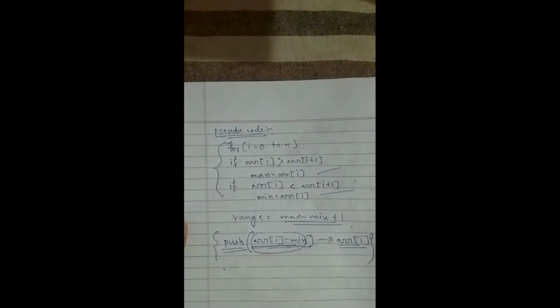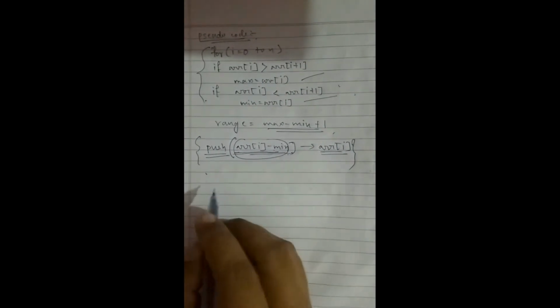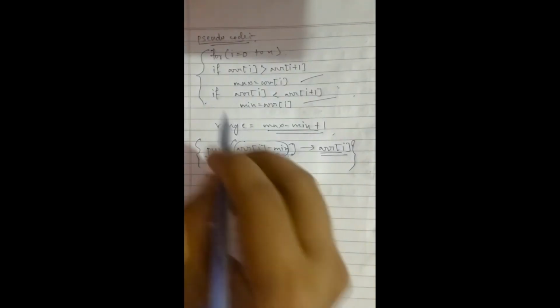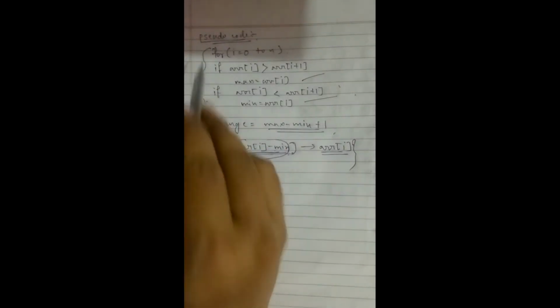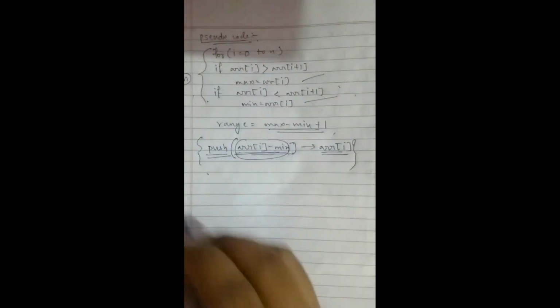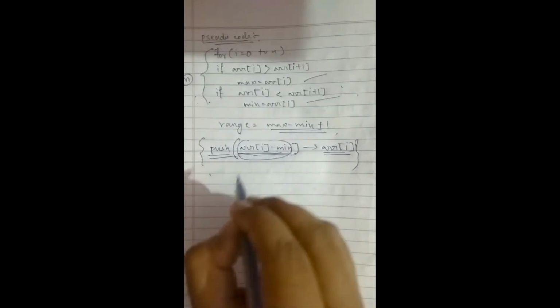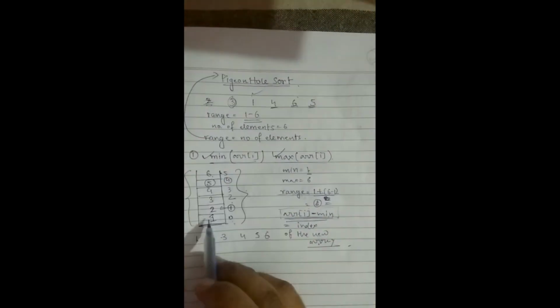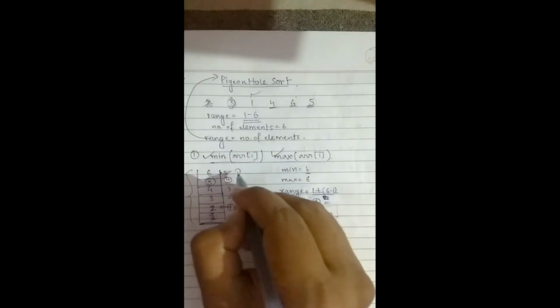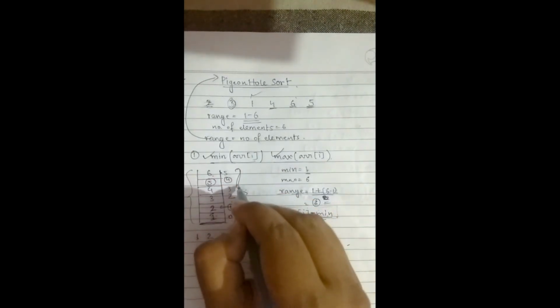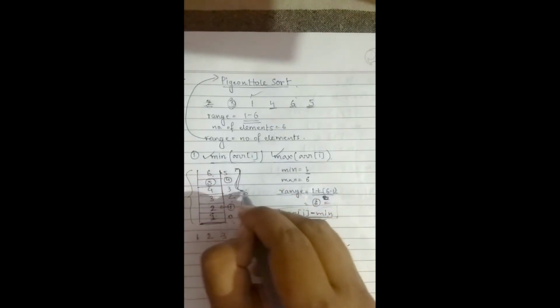Let's discuss the time complexity and the space complexity. This is order of n, and this is for the copying of the elements, like I said in this clip. You have to copy the elements from this to this, so for the copy you have to traverse the whole range.